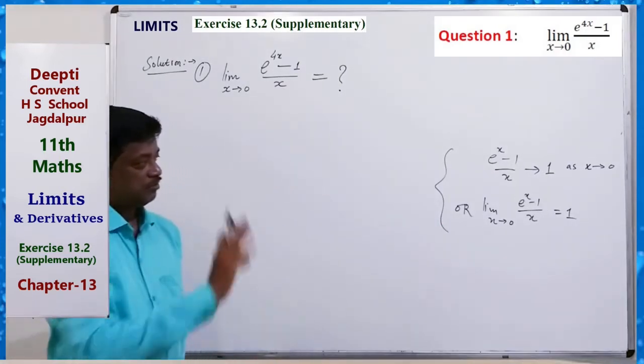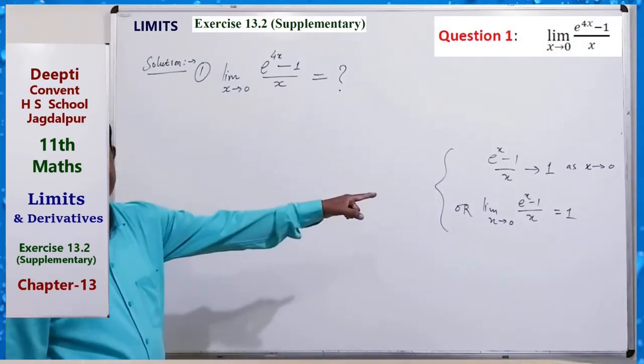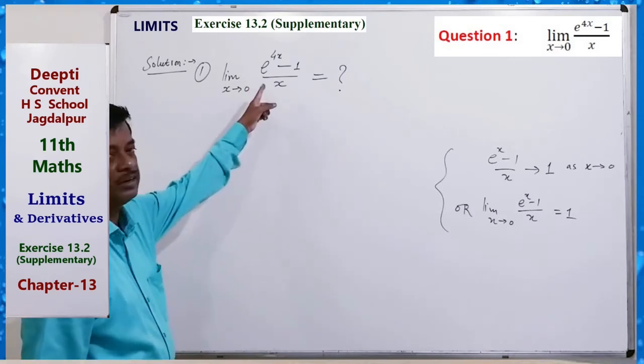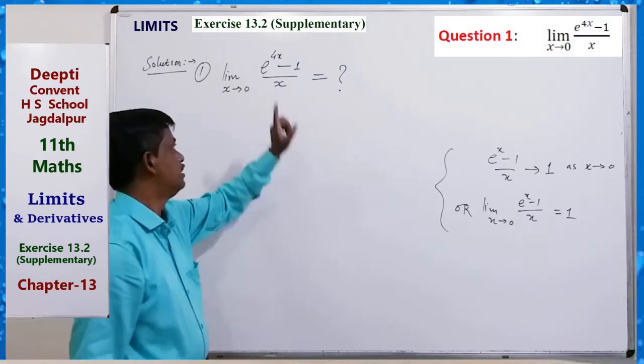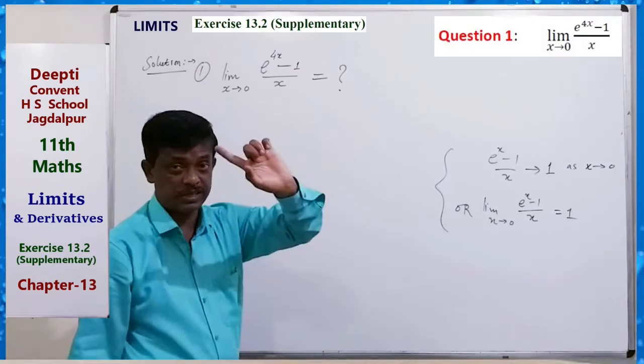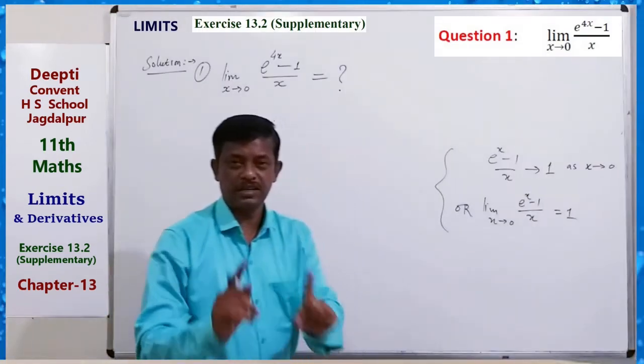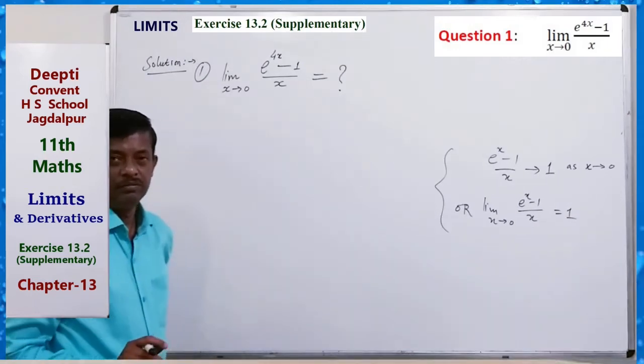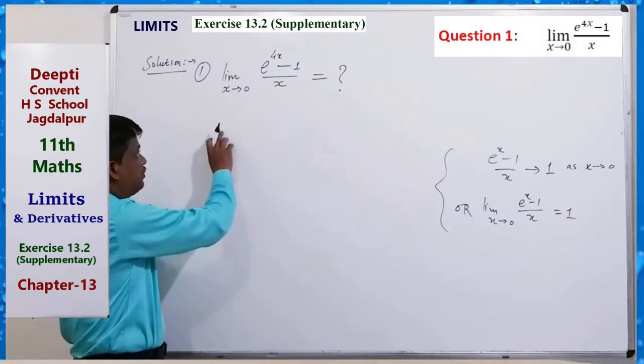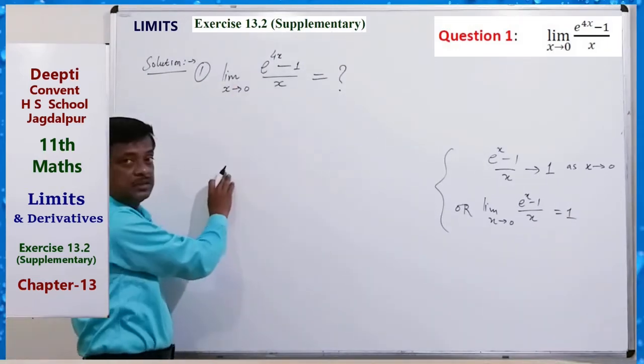So by using this we can find its limit. But here there is 4x, so we see that a single quantity must be there: x, x, but here 4x.